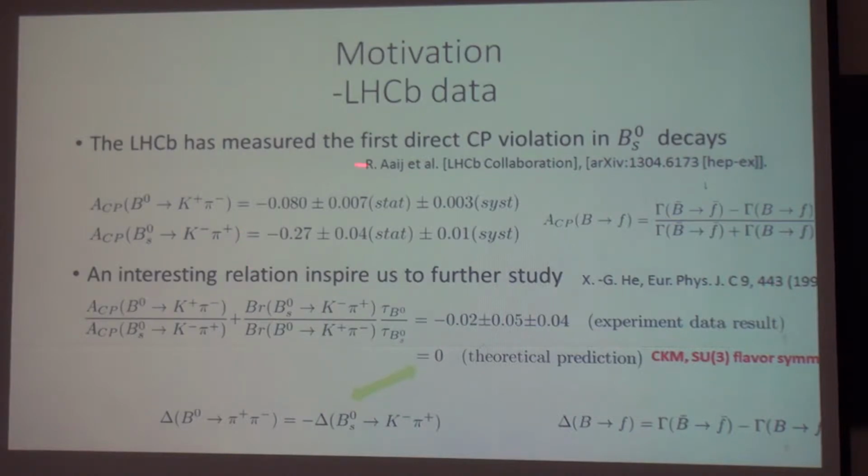And from these two data, we have this, and you can see the number is actually not far deviated from 0. So this more motivated us to study, because from this relation, actually we can test two physical facts.